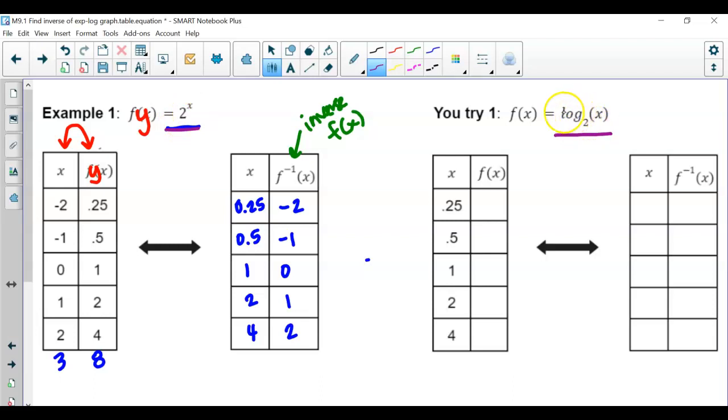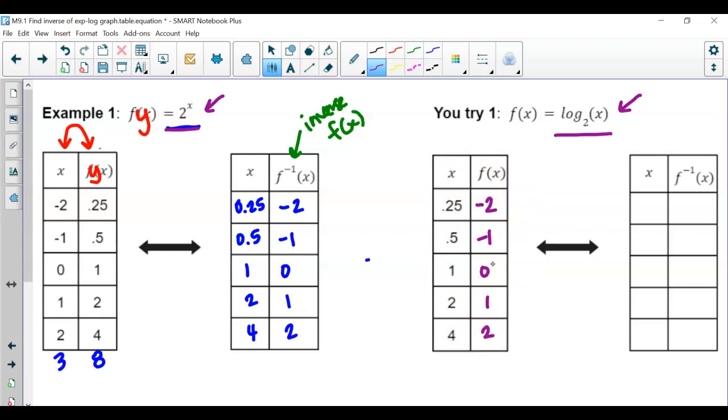So we already have the inverse equation, which means I'm going to take my inverse table, which is now going to be my log. If you were to graph this in Desmos and create your table, you'll see that this is the table that represents the log.